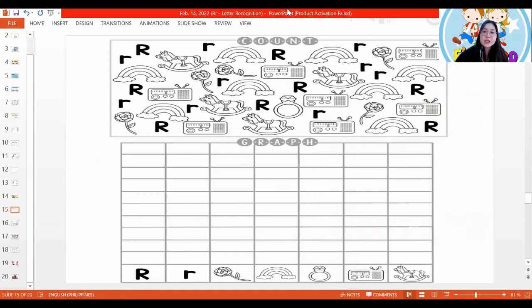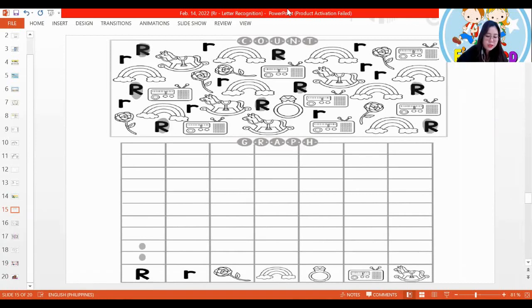Let's start with our count and graph. Very good. Let's start with our capital letter R first. Let's mark and count. 1, 2, 3, 4, 5, 6, 7, 8.